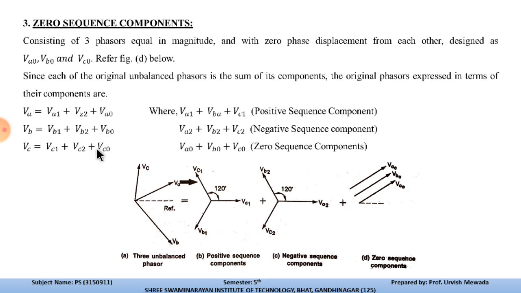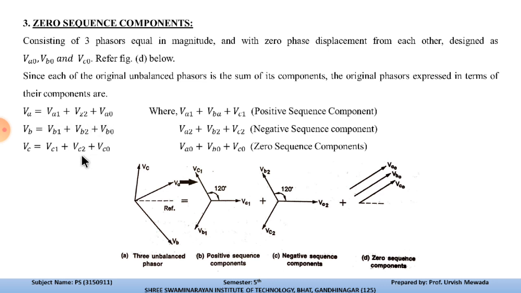Now we can write the equations for VA, VB and VC. Since each of the original unbalanced phasors is the sum of its components, the original phasors can be expressed in terms of their components. So VA is VA1 plus VA2 plus VA0.